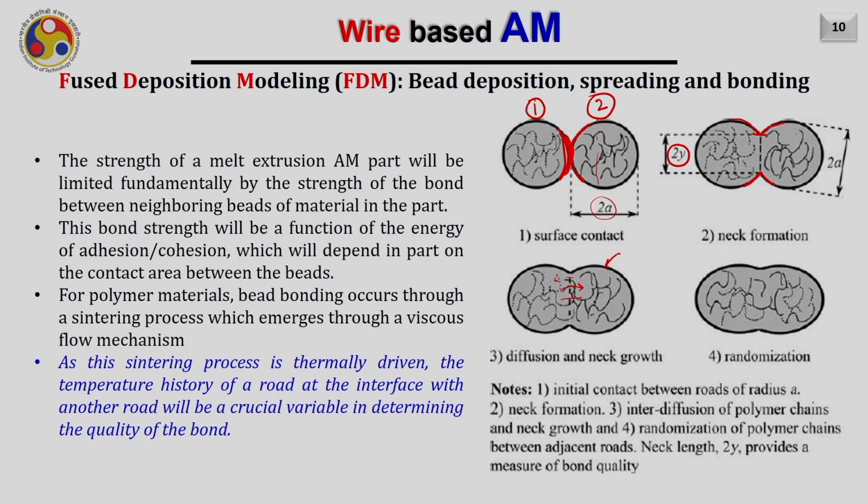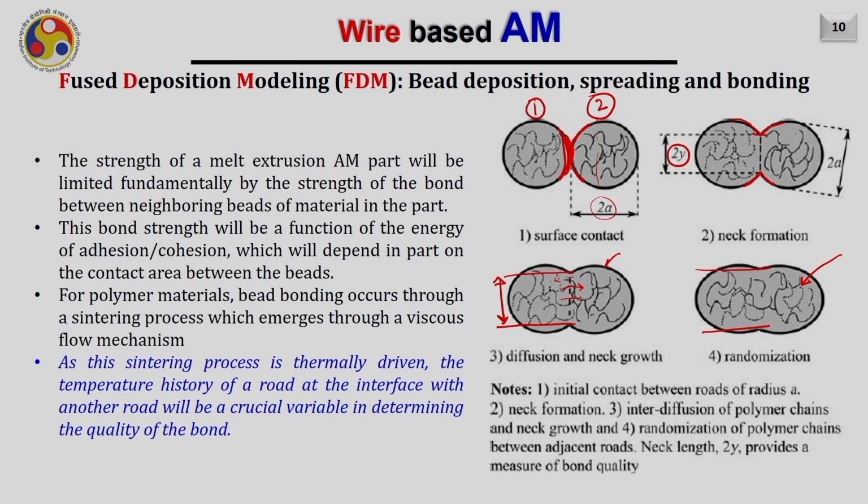And during this process, this neck width will further increase. Finally, the randomization of the polymer chain between the adjacent rods occurs as you are seeing here, and as a result, the neck length further increases. The neck length 2y provides a measure of the bond quality. The greater the value of this neck length, of course, the better the strength of the part.